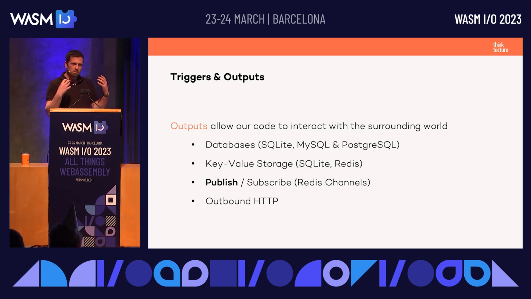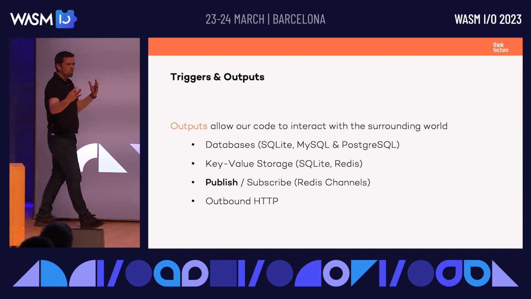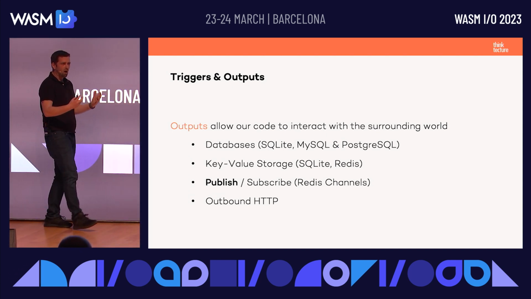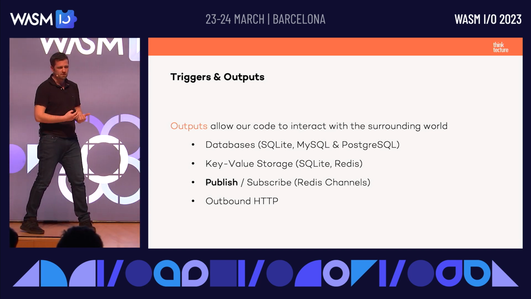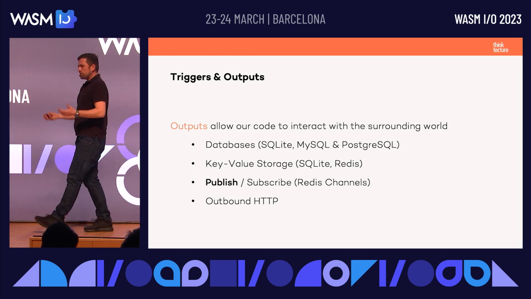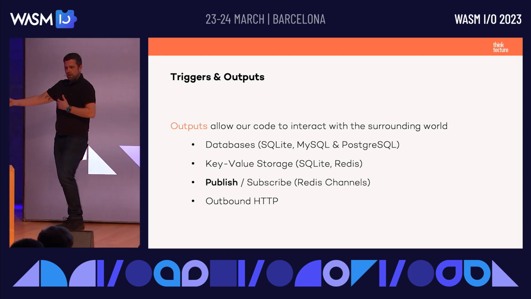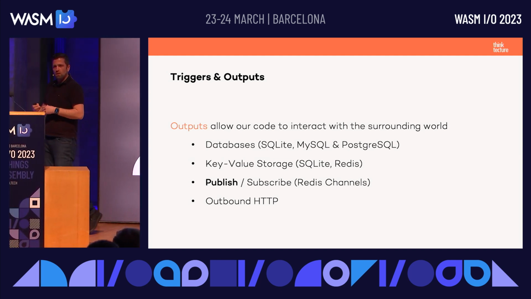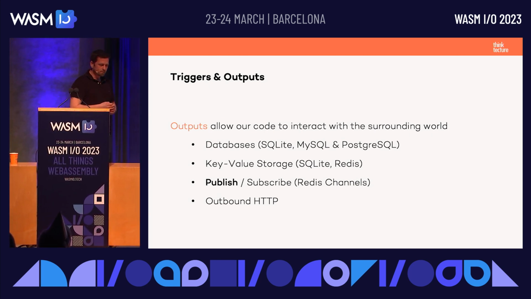The second idiom, let's say it that way. If you're building applications, you somehow deal with data, right? And you somehow have to interact with external systems. So with Spin, we can currently talk to databases, right? I've listed all the systems that are currently supported over there on the slide.